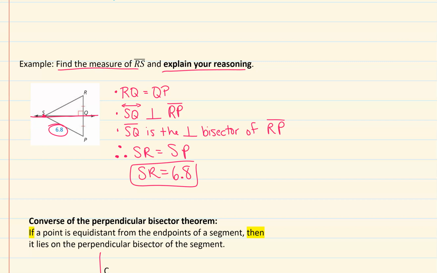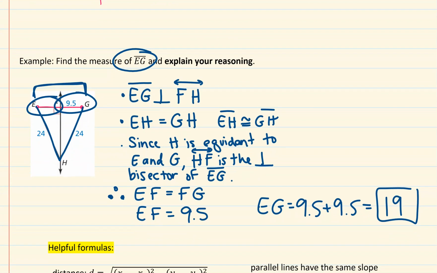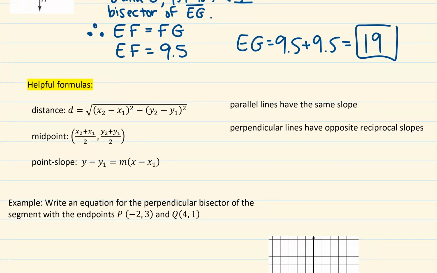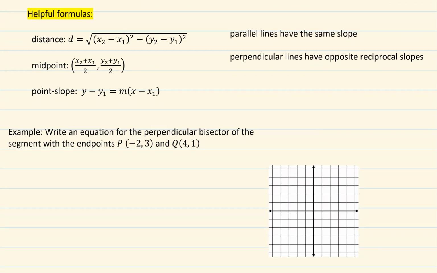Our other option, if we don't know that, is to show that they're perpendicular and that these two lengths are the same. So one of them is using the original theorem and the other one is using the converse. And what you have to do on the homework is look at what you're given and figure out which of the two you need to use. Okay. Take a minute to write down these helpful formulas, and then we'll talk about this next example.